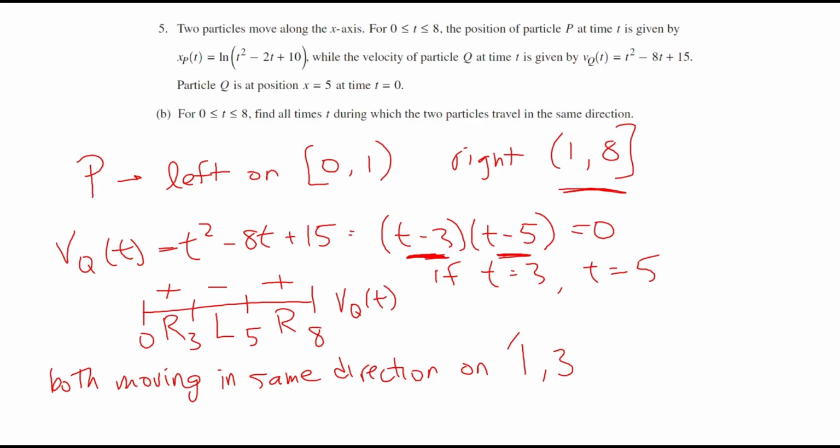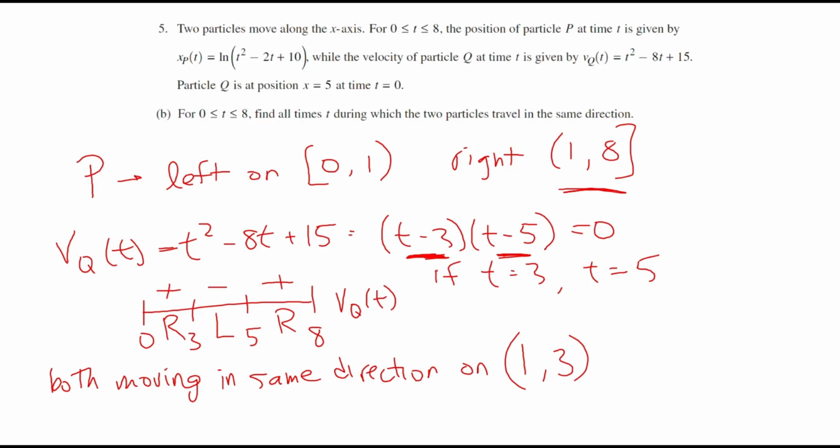We'll just go with open intervals there because it's an open interval for the 1 and it's an open interval for the 3 for Q and an open interval on the 1 for P. So the overlap is going to be the open interval. And then we'll look further along. We can't do anything else with the lefts because P is only moving to the right from 1 to 8.